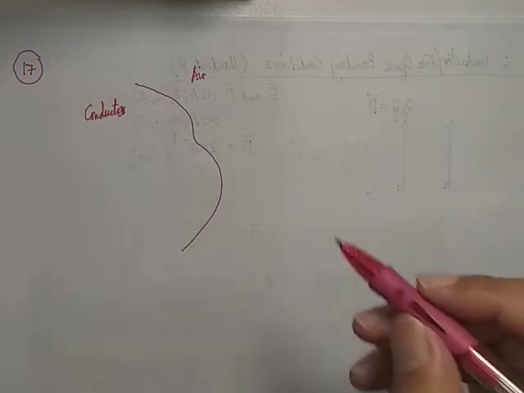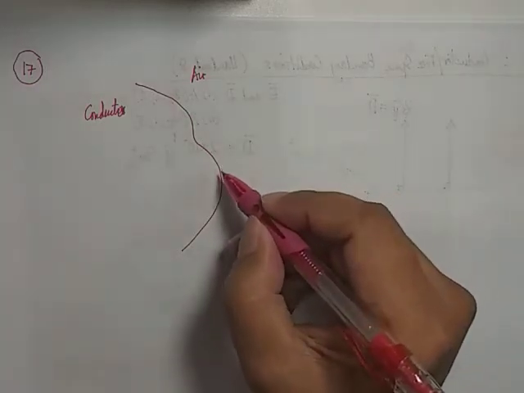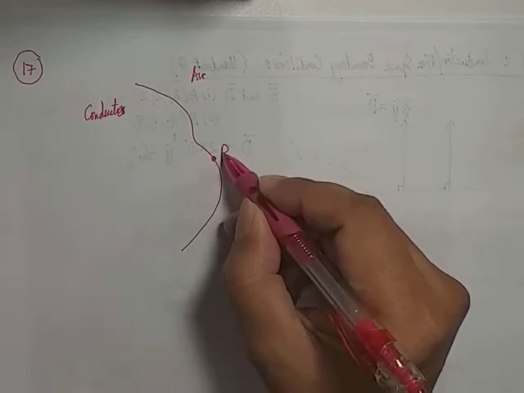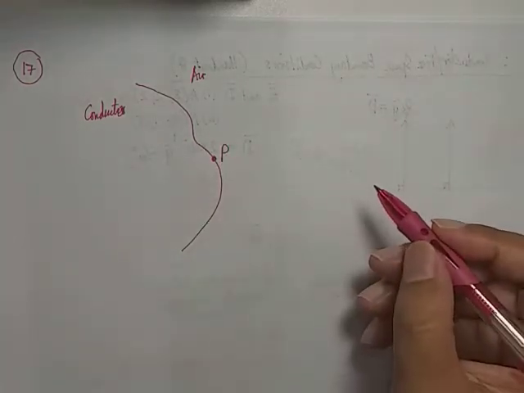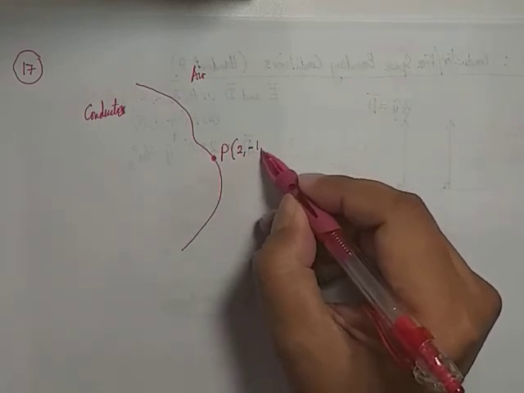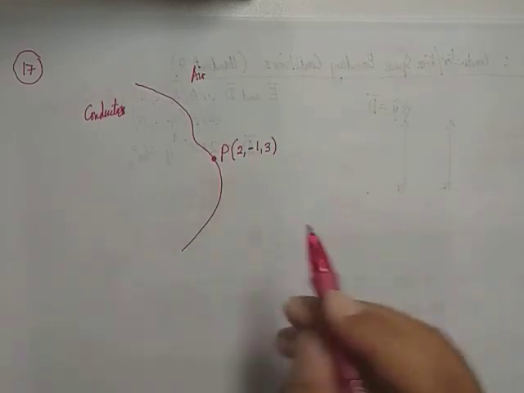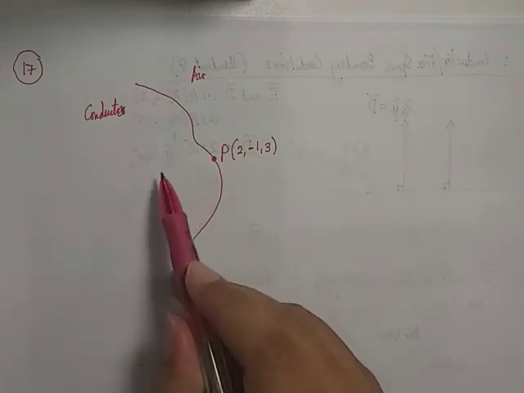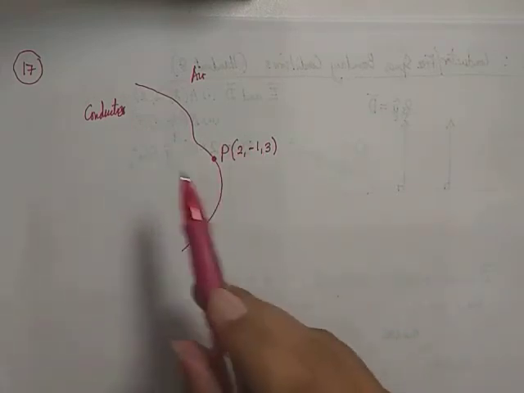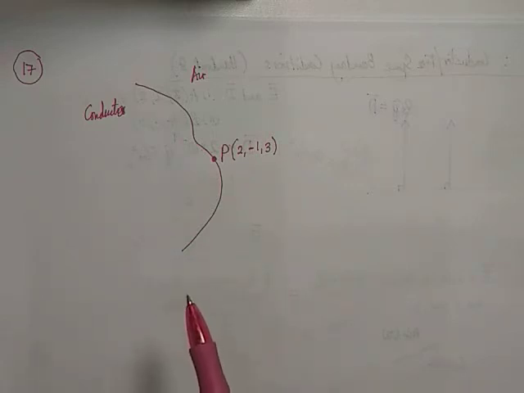Then, as stated by the question, a point P. I'm going to draw a point P located at the interface. The point P is given as (2, -1, 3). We stated it is located at the interface between conductor and air, so put it there on the boundary itself.